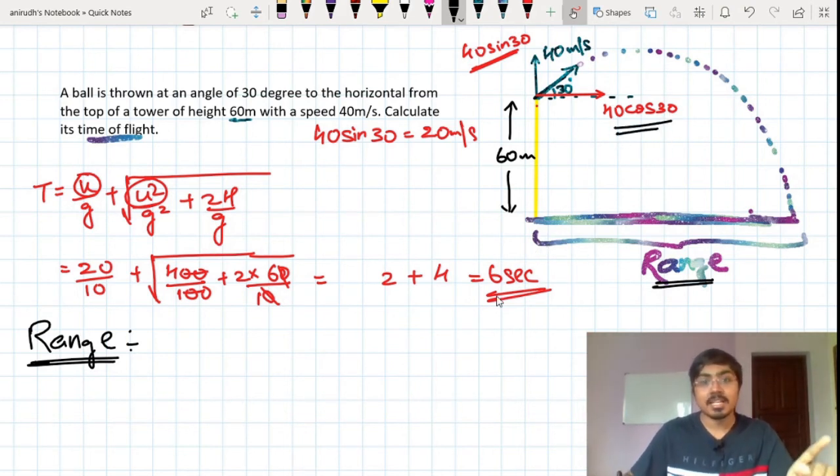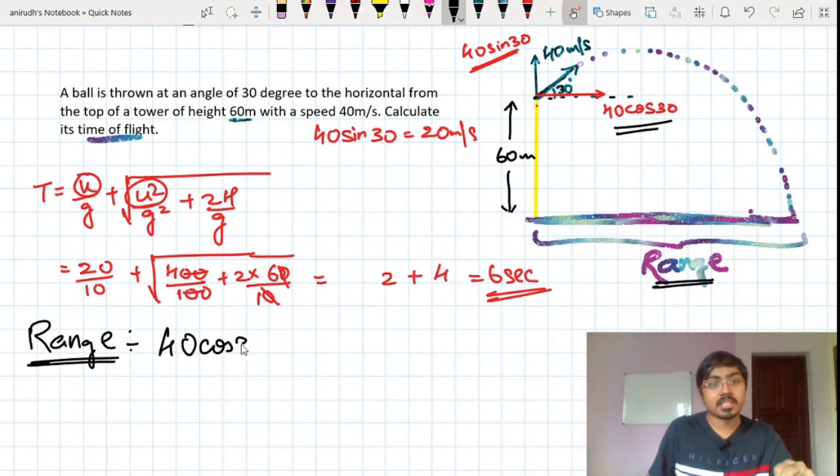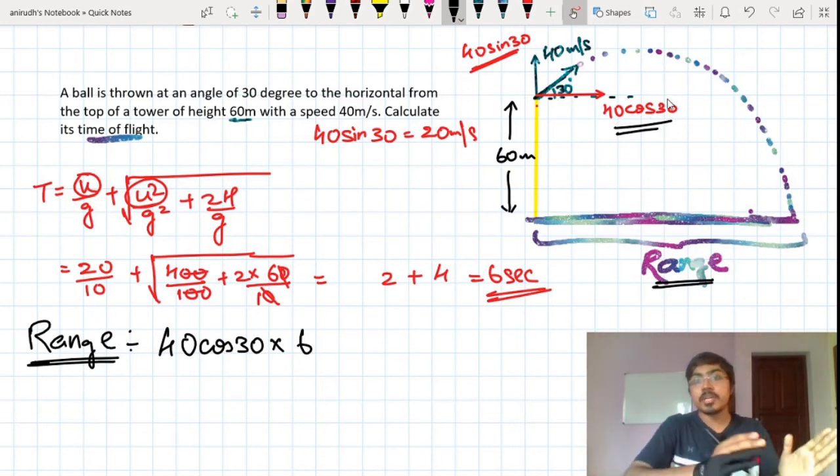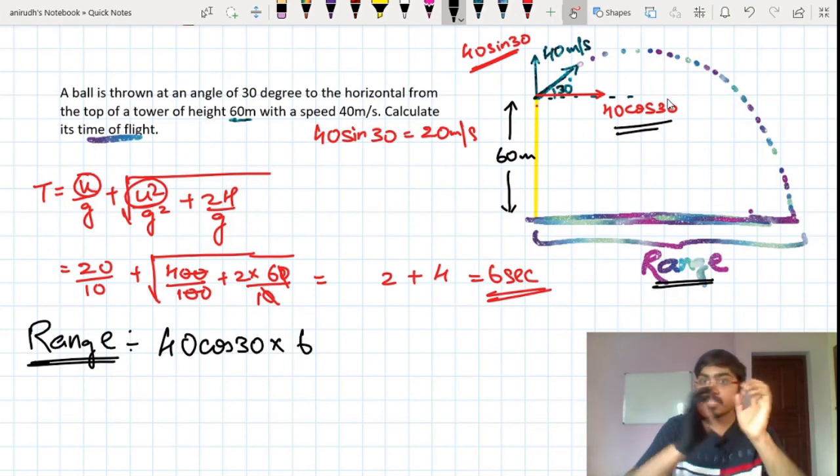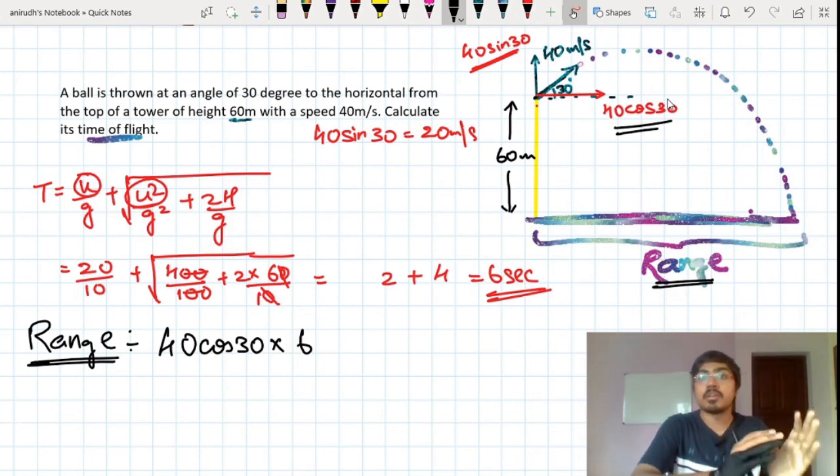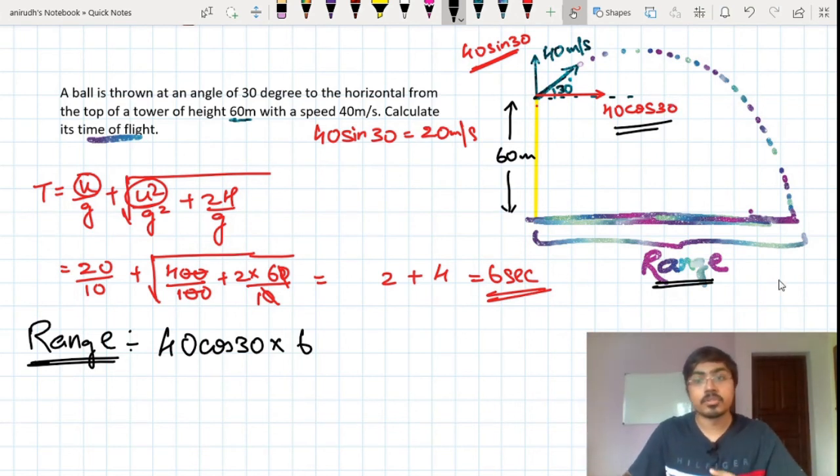So if it takes 6 seconds to reach from here to here, you can simply equate 40 cos 30 multiplied by 6. Why? Because you know distance is equal to speed into time. It is because of the horizontal velocity it is going to cover a horizontal distance. You require the horizontal distance.